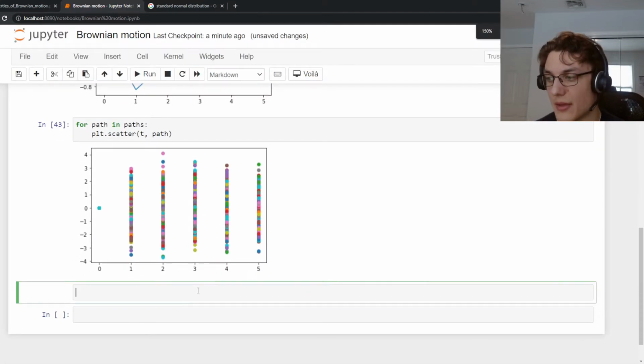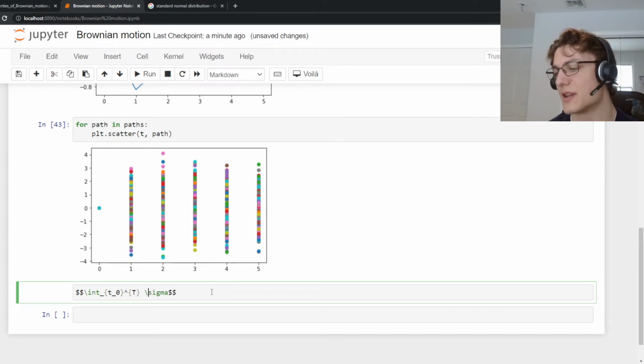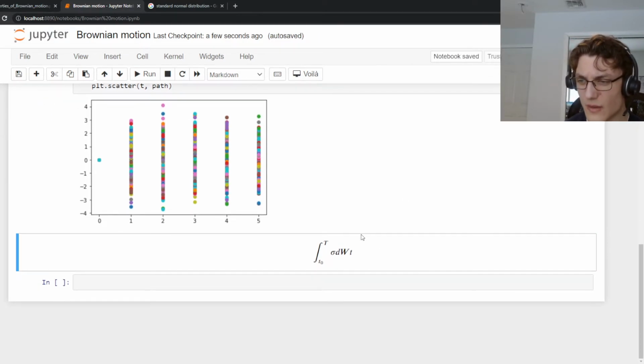Let's use some LaTeX: the integral from t0 to capital T. This is from the geometric Brownian motion video, so if you haven't seen this before, check it out. Otherwise, just follow along and see how we can solve an integral with respect to Brownian motion, dWt. Okay. So we have this integral with respect to Brownian motion over time.